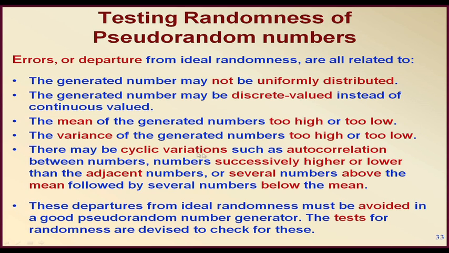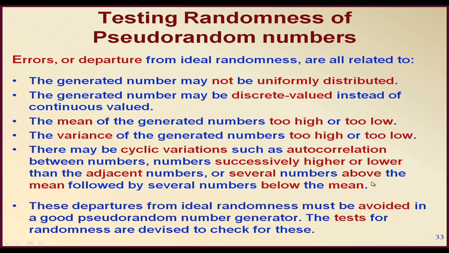There may be cyclic variations such as autocorrelation between numbers. Sometimes those numbers may be autocorrelated, and even that is not good. Numbers may be successively higher or lower than the adjacent numbers, or several numbers above the mean may be followed by several numbers below the mean.